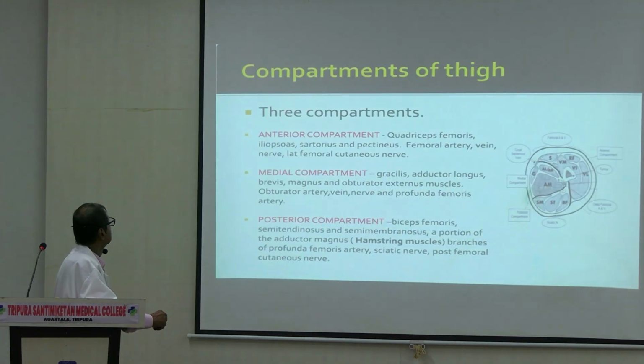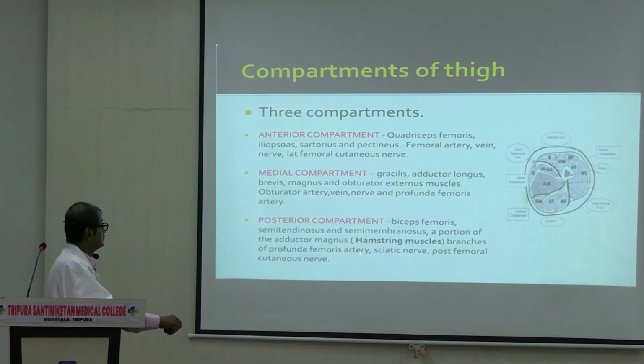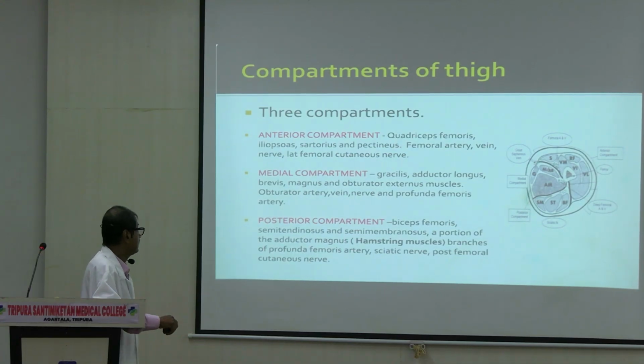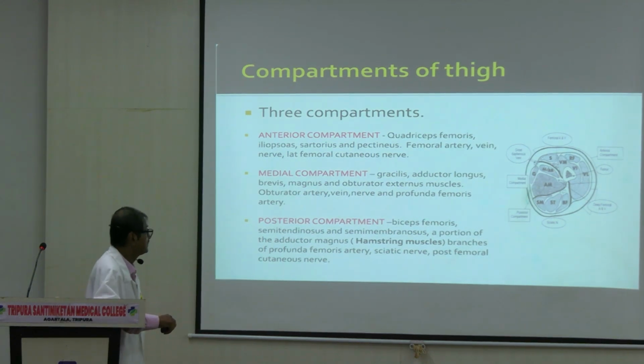Next, see the compartments: anterior compartment, medial compartment, posterior compartment. The posterior compartment muscles are biceps femoris, semitendinosus, semimembranosus, and these are the hamstring muscles, along with a portion of adductor magnus. The hamstring muscles flex the knee joint.